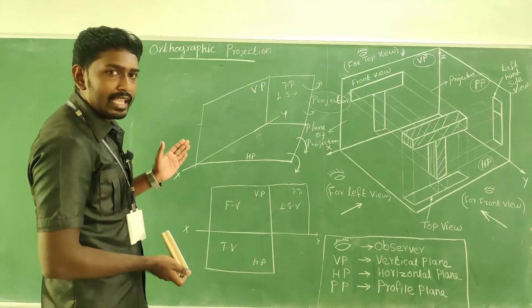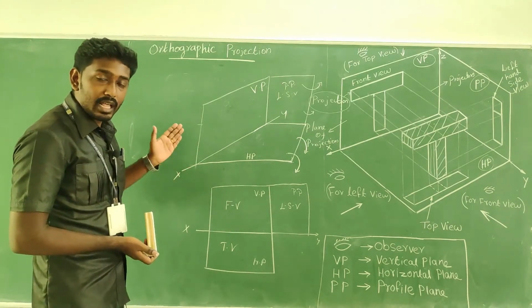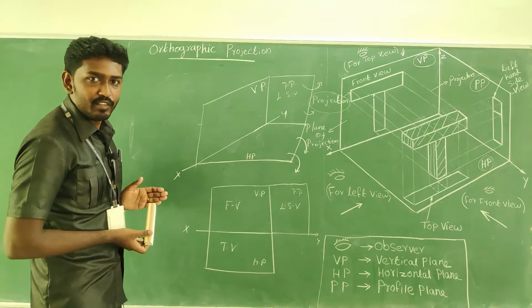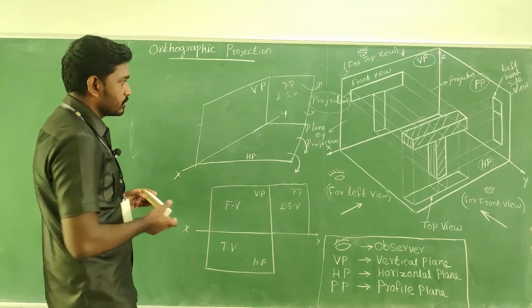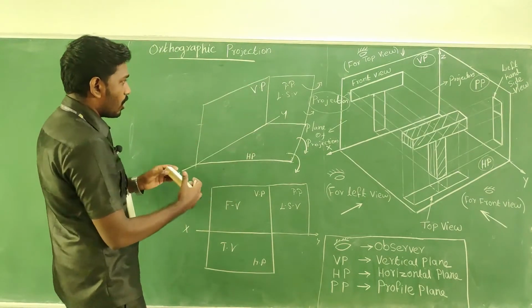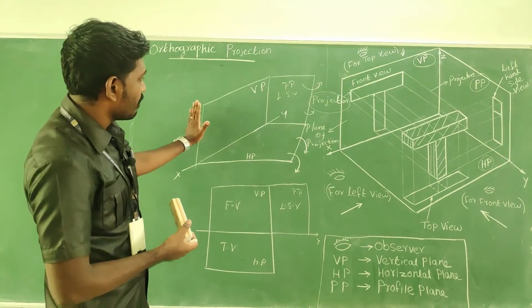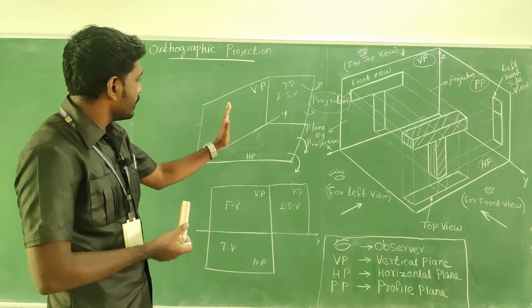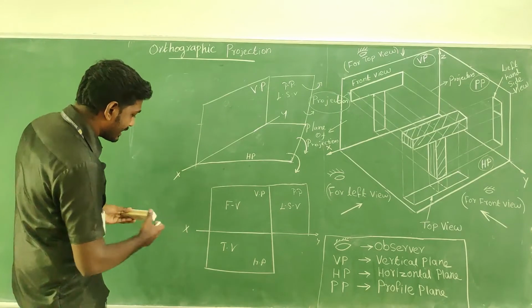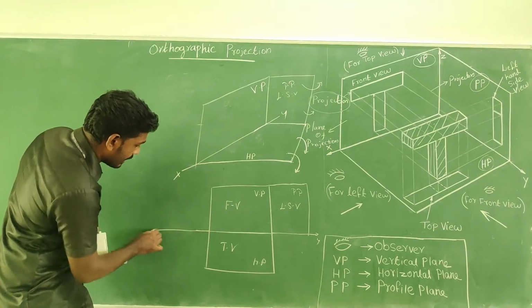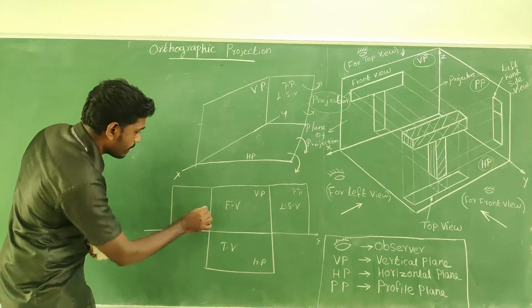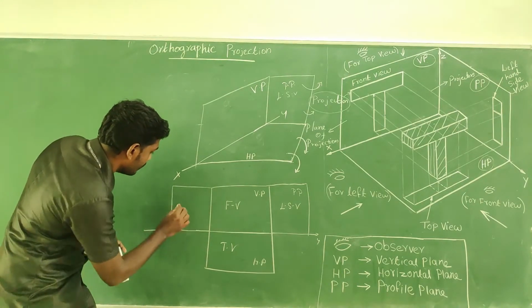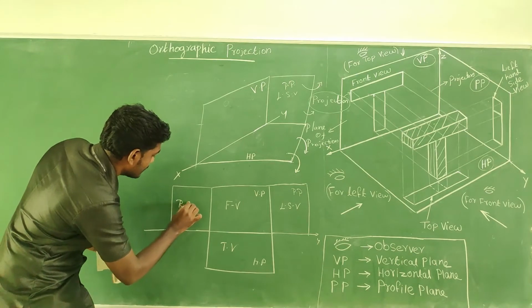So if you are going to observe the right side view, where do we have to capture it? Definitely it is captured on the picture plane which will be placed here, a transparent plane placed here. Am I right? So when we are turning over, what happens? It comes where? Left side, right? So on the left of the front view, we are going to capture the right side view.